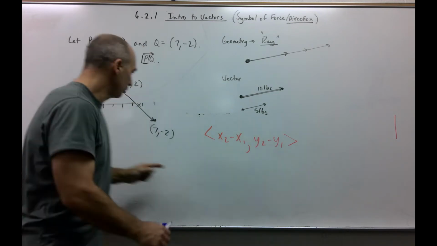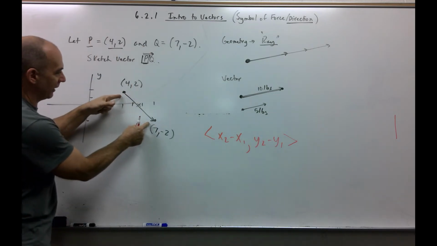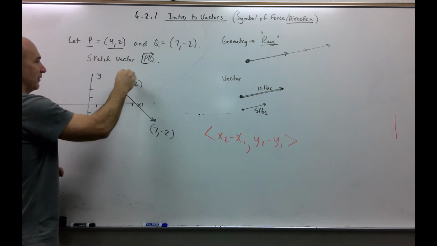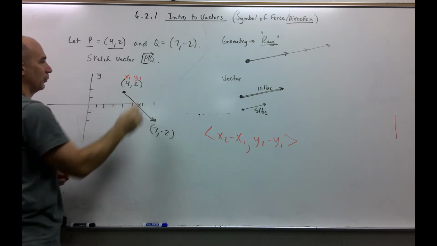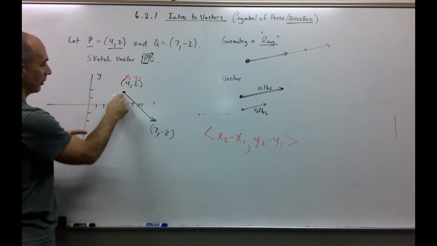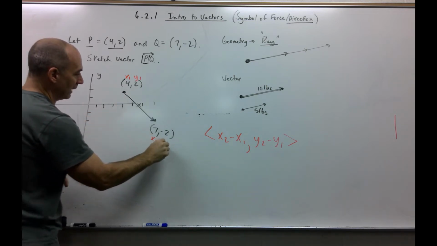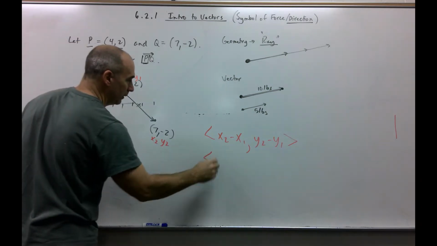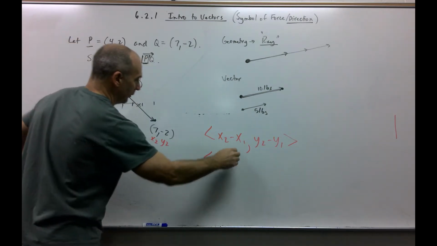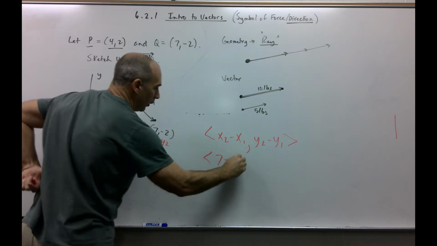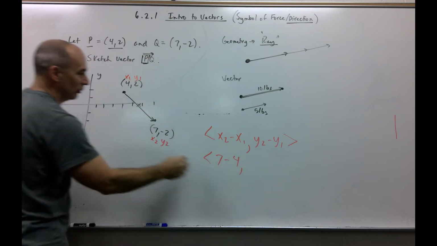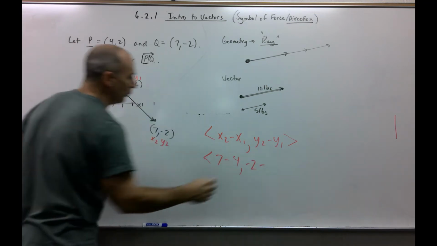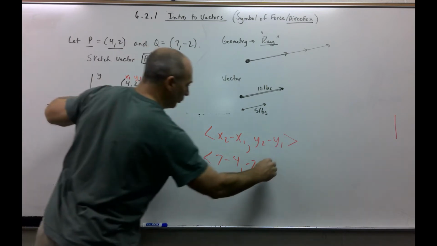Well, right now, this vector is not a spinner. So if I say this is (x1, y1), which it is, because that's the starting point, this must be (x2, y2). And you have to label it correctly for this formula to work. So what's x2? 7. What's x1? 4. Let's see what this does. y2 is negative 2. y1 is 2.